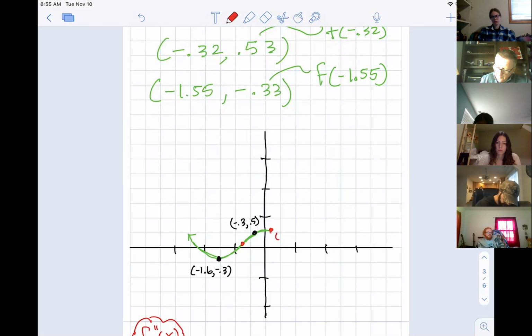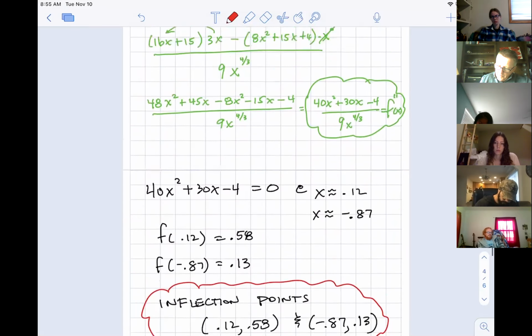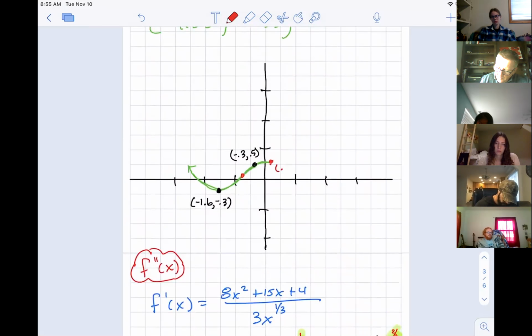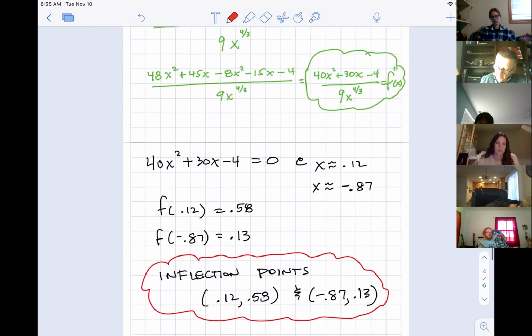This is 0.12, 0.6. And this other one was negative 0.87, negative 0.9, 0.1.